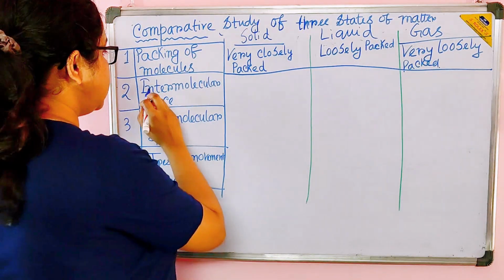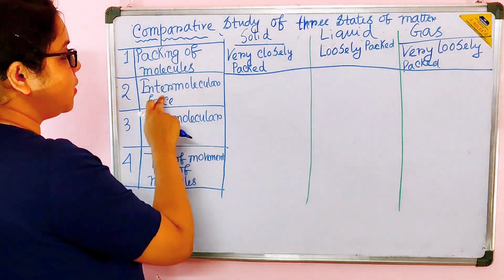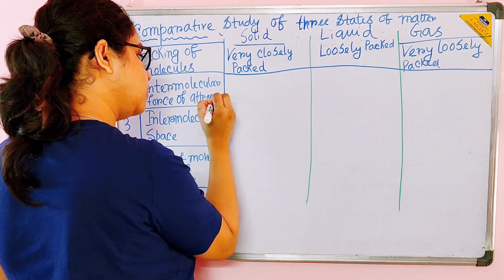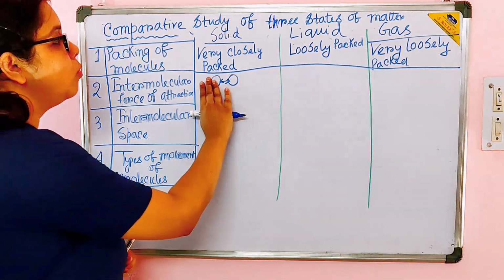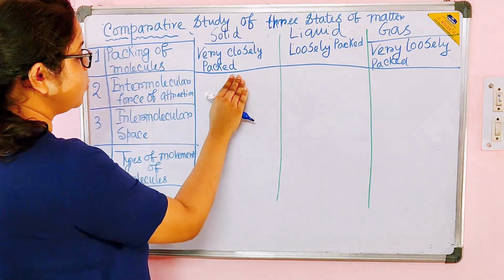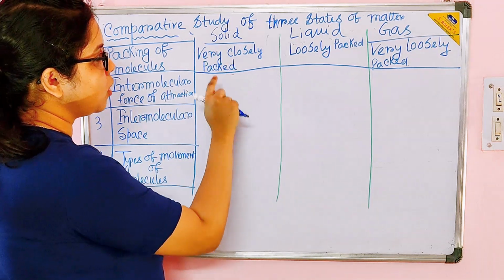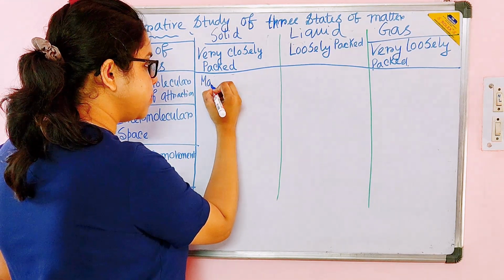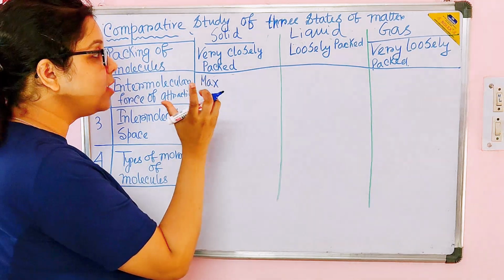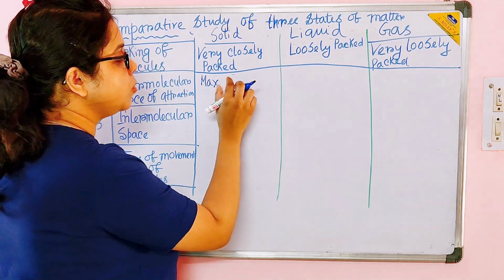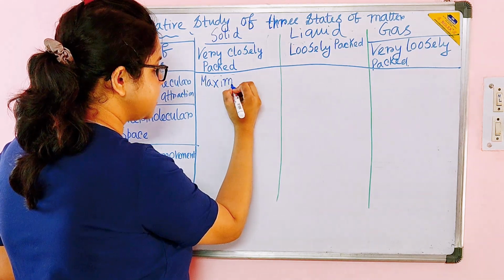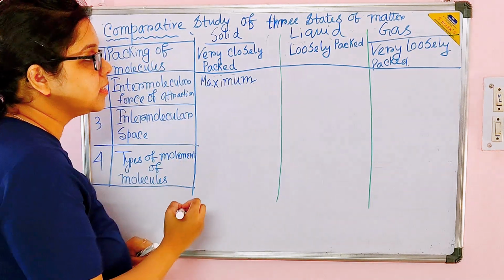Next is the intermolecular forces of attraction. What are the intermolecular forces of attraction between solid particles? We already know that it is maximum because they are very close to each other. So the intermolecular forces of attraction are maximum in case of solid.